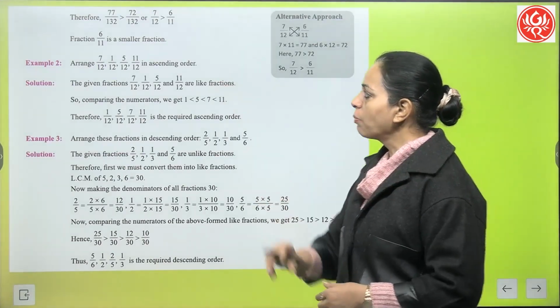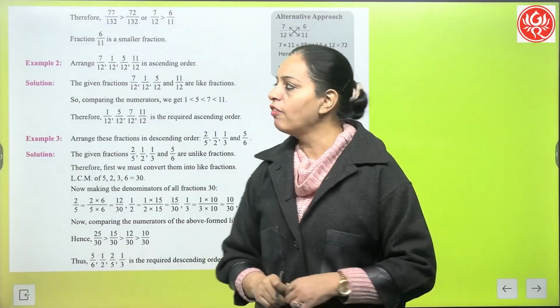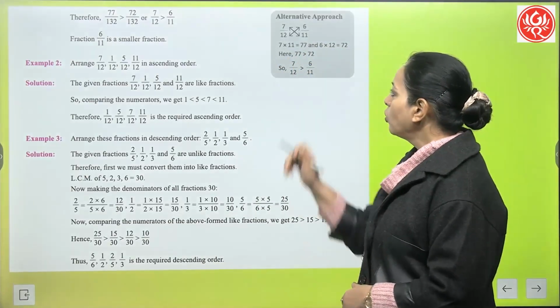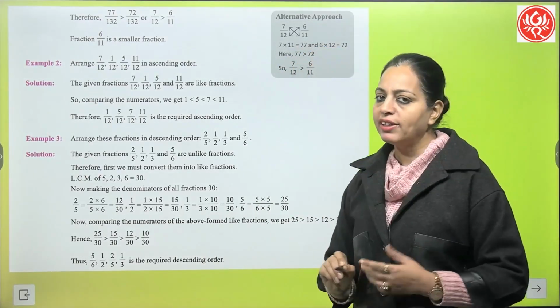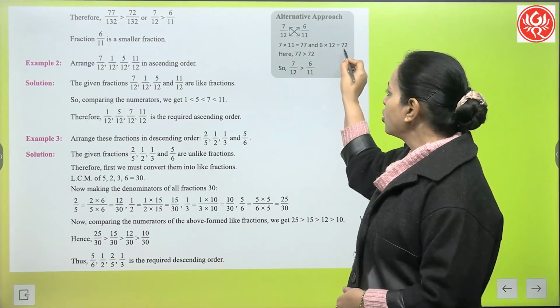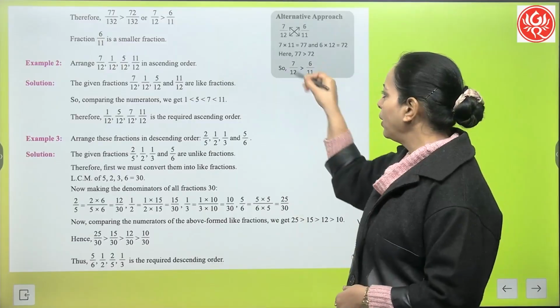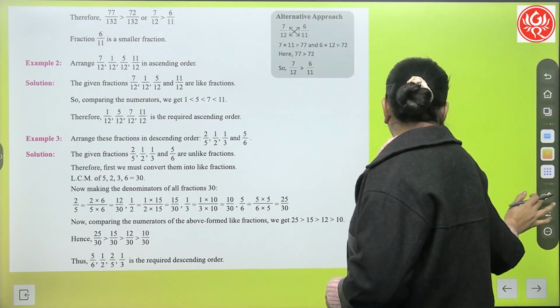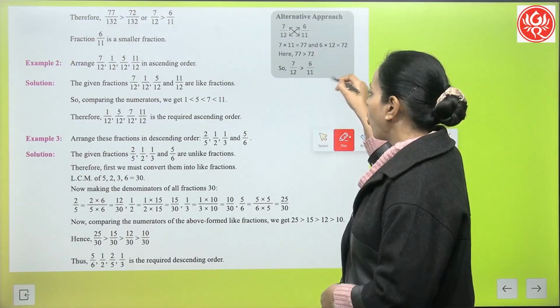Okay, so 6/11 is the smaller fraction. Fine. So alternative method, cross multiply, that is the best way. 7 into 11, 77. 6 into 12, 72. Now compare it. You know which one is greater and which one is smaller.